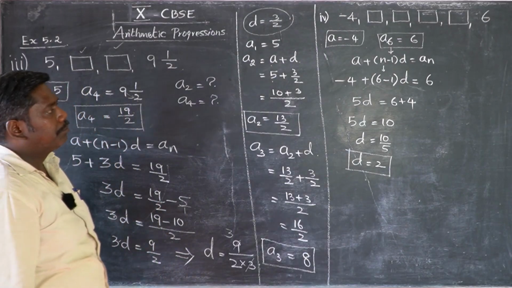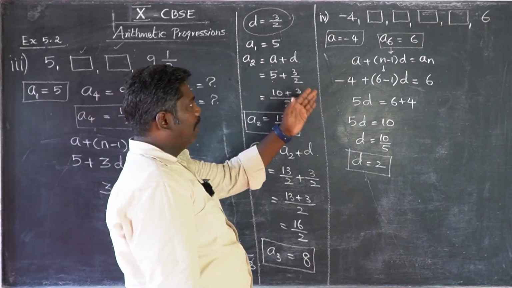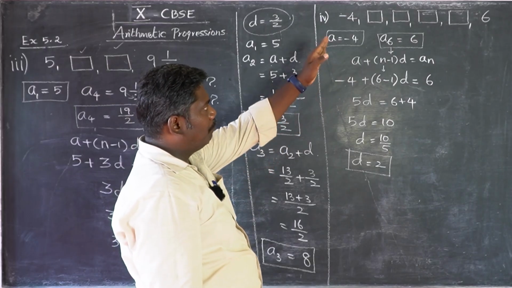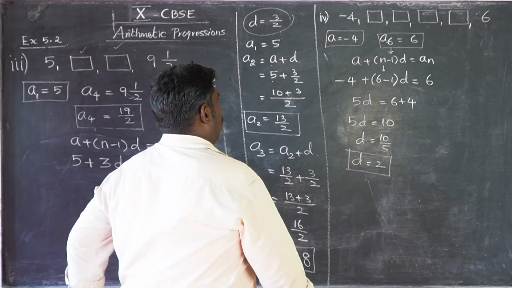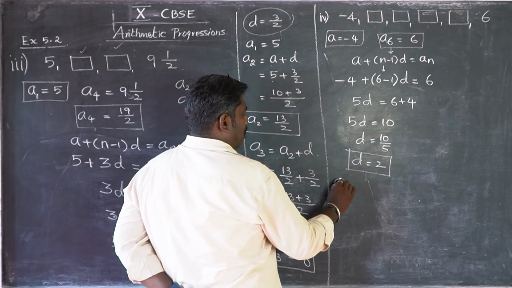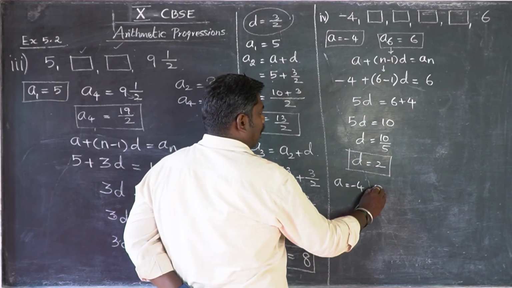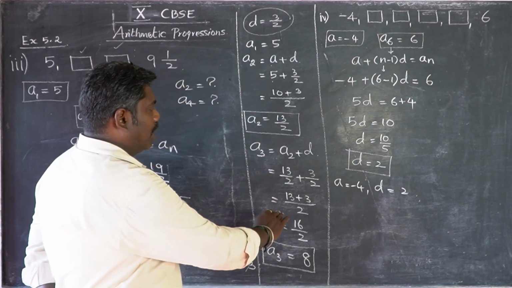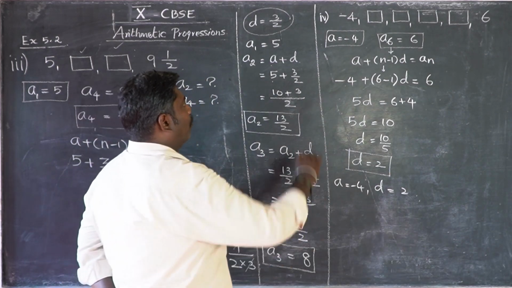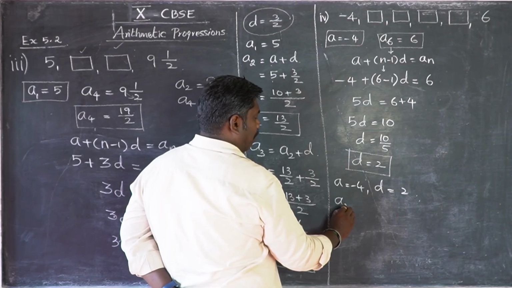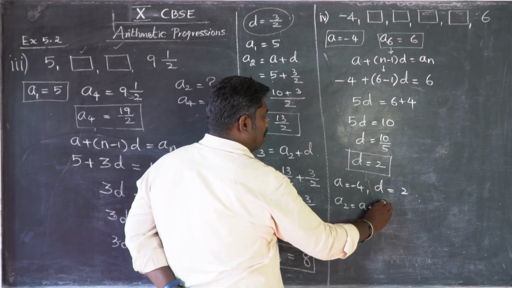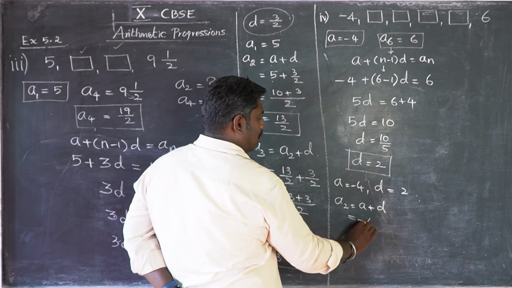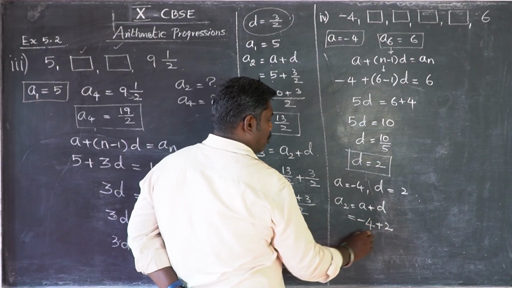Okay. So now we can find the second term, third term, fourth term, fifth term. See, first term is minus 4 and common difference is 2. By using the first term and common difference, we can find the second term. So the second term means first term plus common difference. First term is minus 4, common difference is 2.